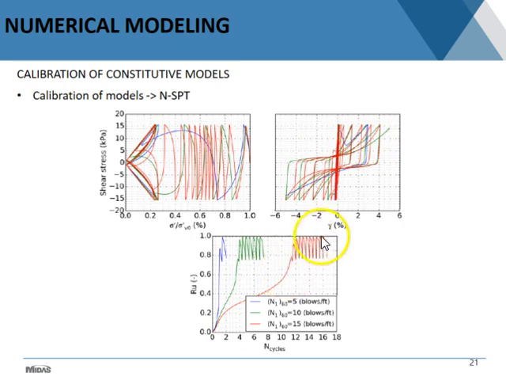If you take a look at the red lines, you get a few cycles that really show no liquefaction occurrence, and then after a certain number of cycles, you again get the banana loops. So this is the type of behavior that you typically get if you use UBC SAND.